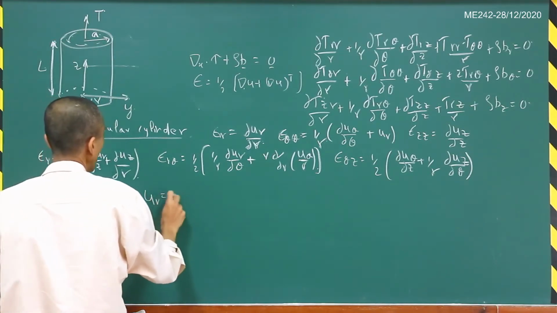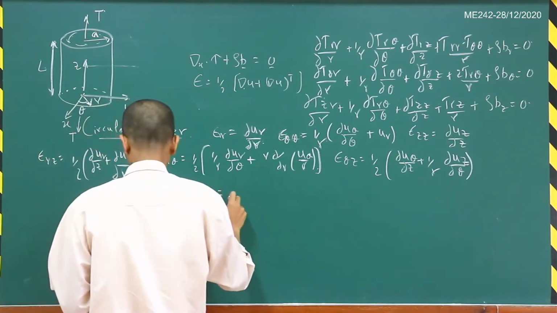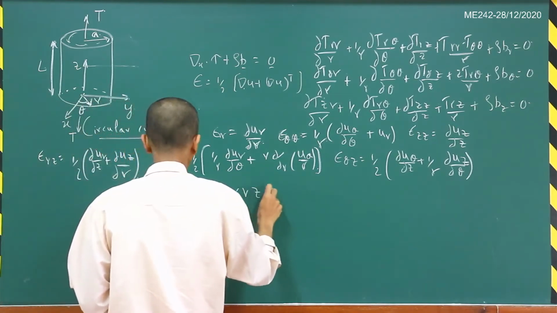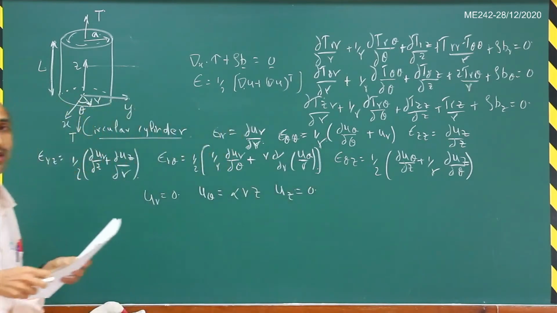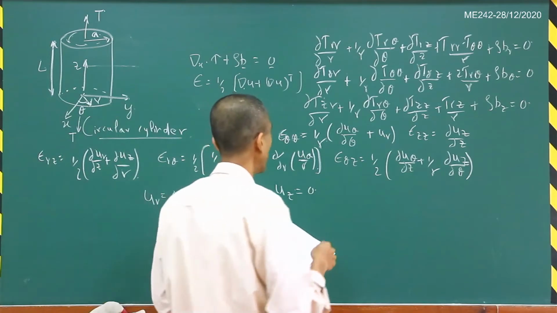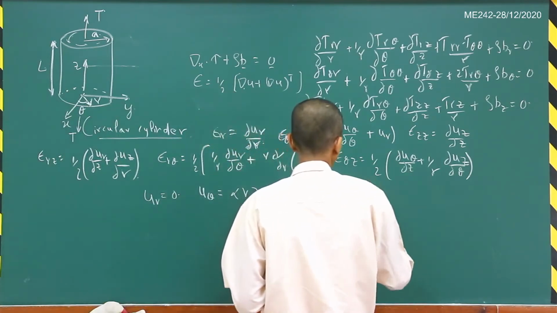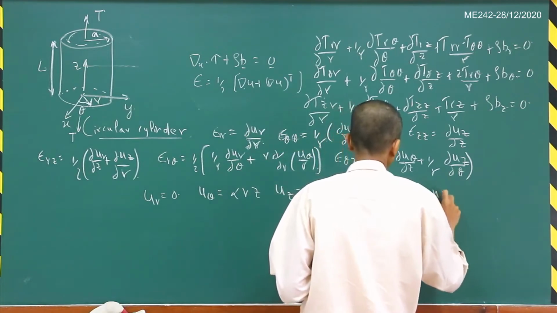So this is the solution that we are now proposing. u_theta is equal to alpha r z and u_z is equal to 0. So this is your strength of materials solution here, where this alpha is known as the twist per unit length.